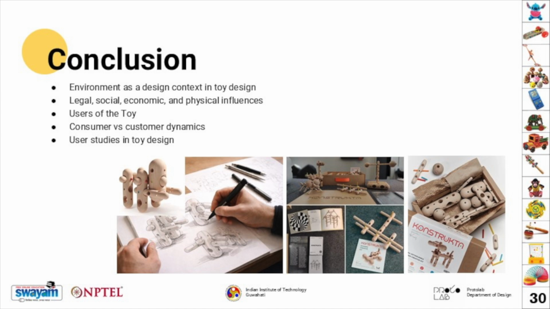These constraints are not limitations. They are design inputs. Users shape how the toy is experienced. Children, parents, educators, and systems interact with the toy differently. Each relationship influences the life of the toy, and every toy exists at the intersection of multiple forces.